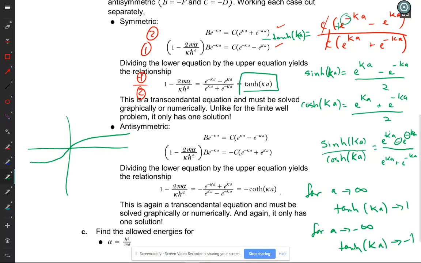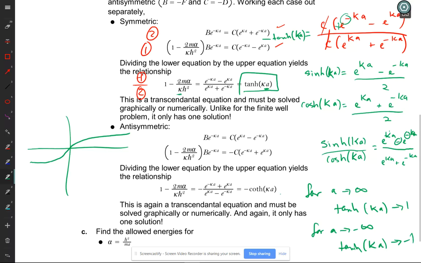You can graph it carefully, but it's a lot shorter to write tanh, and your calculator has tanh built in. That's why we do this. It's still transcendental. We have kappa A here, and we have kappa out here, so we're going to need to make a graphical solution to find where it actually crosses.